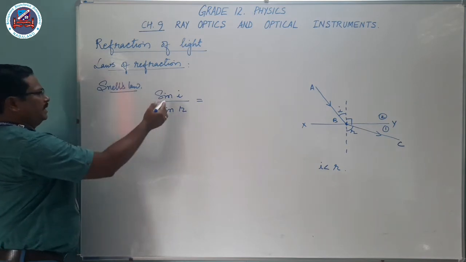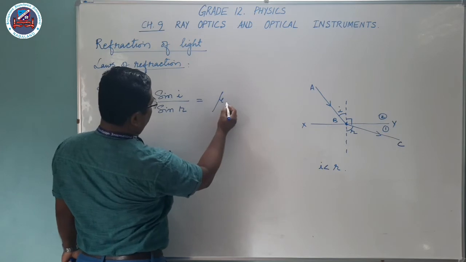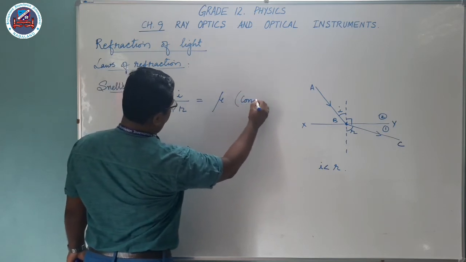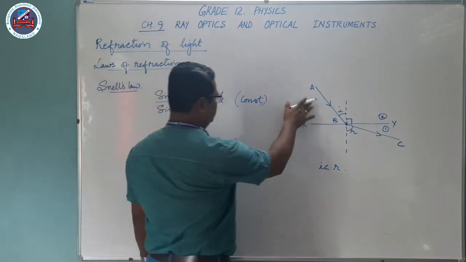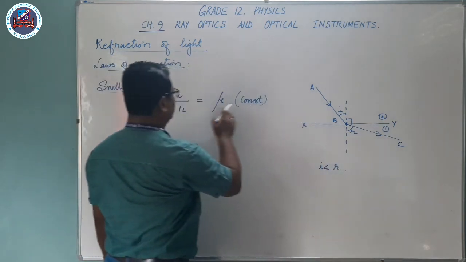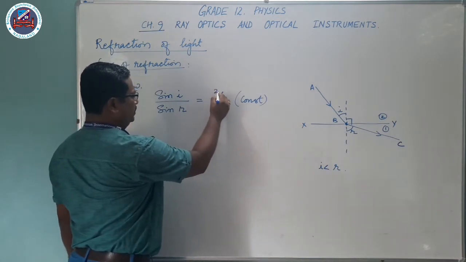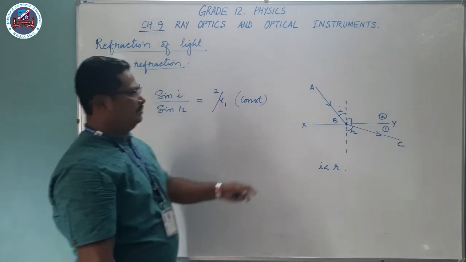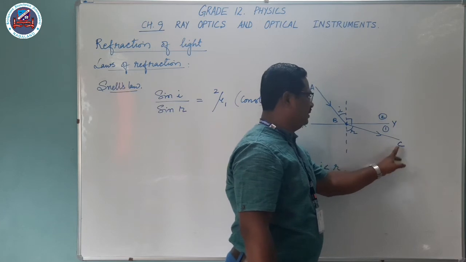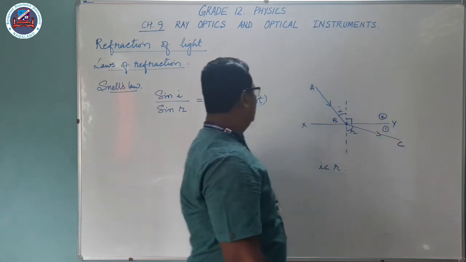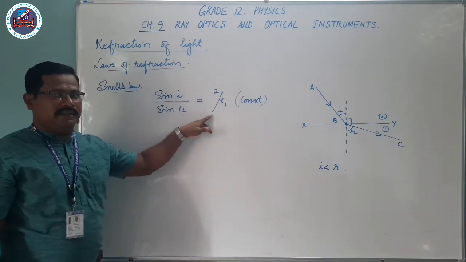This ratio, sin i by sin r, is always constant, and the constant is given as the relative refractive index. If I take this example from denser to rarer medium, it will be the refractive index of the first medium with respect to the second. BC is the refracted ray. So medium 1 with respect to medium 2. It is also known as relative refractive index.